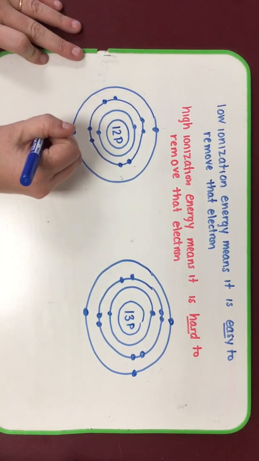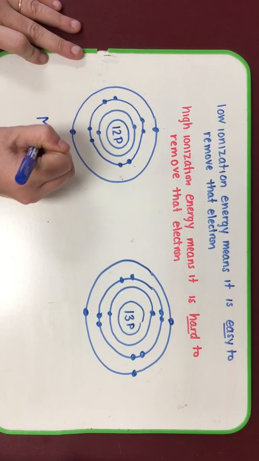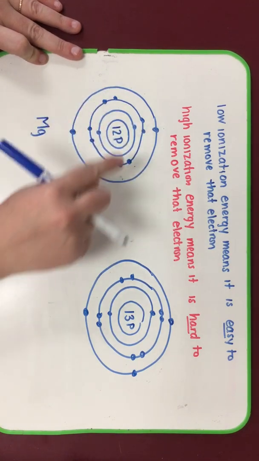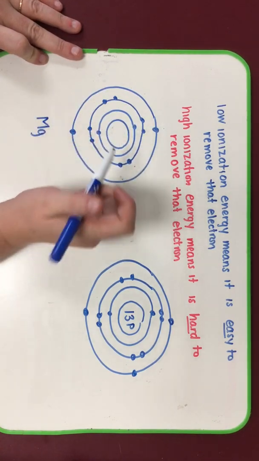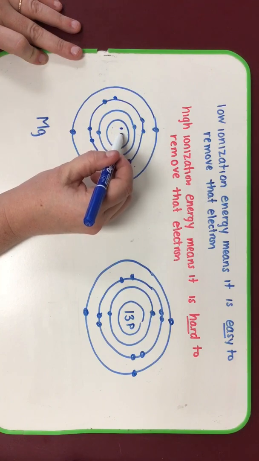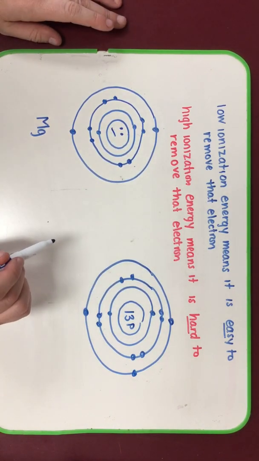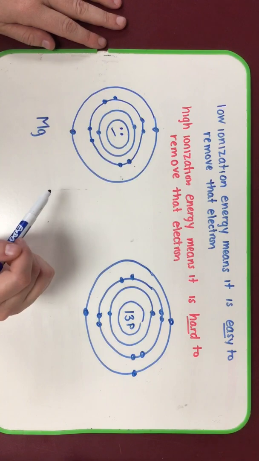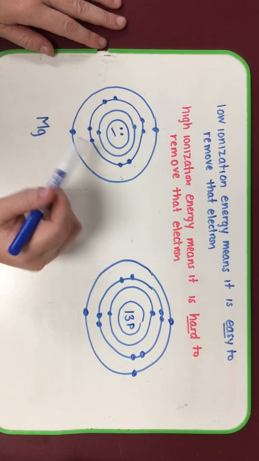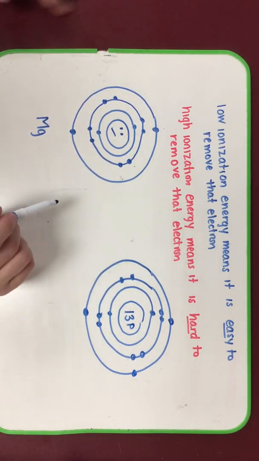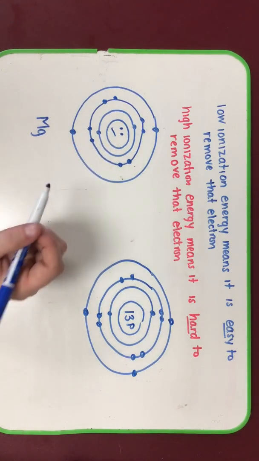So if we start with neutral magnesium, we have 12 protons, we have 12 electrons. Honestly, neutral magnesium, he's kind of like meh. He's not stable, he doesn't have a full valence shell, but he's slightly more stable than something that only has one valence electron, so really meh.